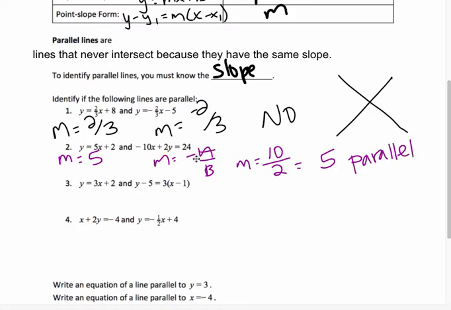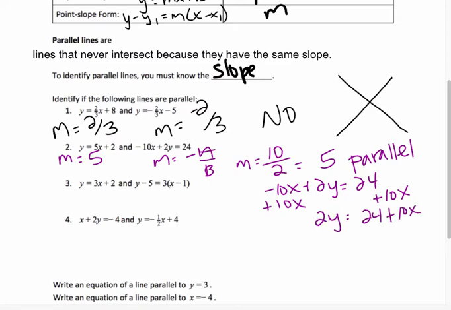Now, if you wanted to, you could rewrite this equation in slope-intercept form. Negative 10x plus 2y equals 24. You could add 10x, then you could do 2y equals 24 plus 10x, then you could divide by 2 and get y equals 12 plus 5x.